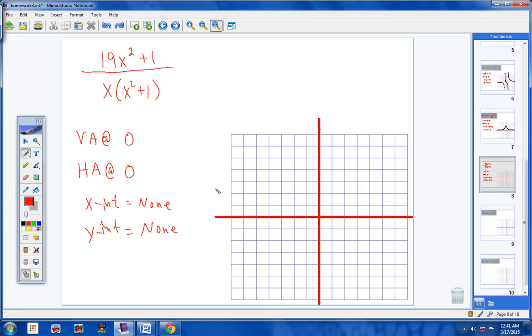Now, let's go ahead and go to our tables here, and let's go way over here to negative 5, and let's see what we have. Negative 5 is negative 3.7, so 3.7 down here. Then negative 4 is going to be negative 4.5, so going down a little further.